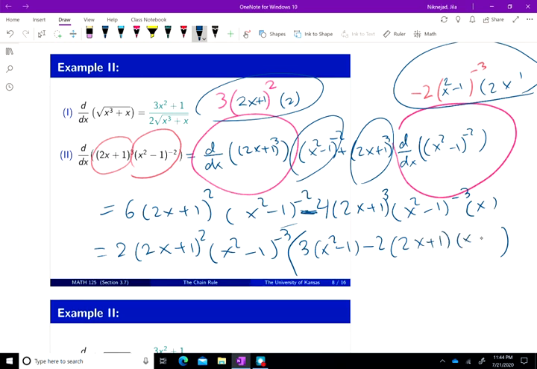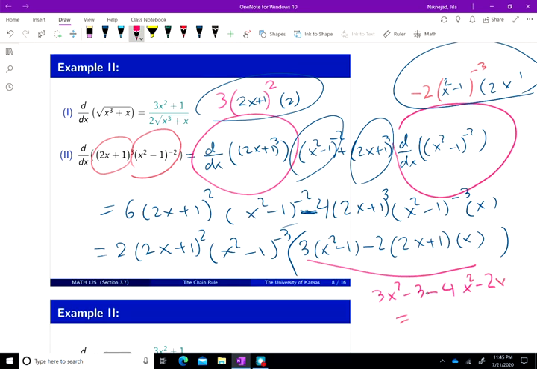And then when you clean this up, parentheses should close here. Basically, if you clean this part up, it's going to be 3x squared minus 3 minus 4x squared minus 2x.